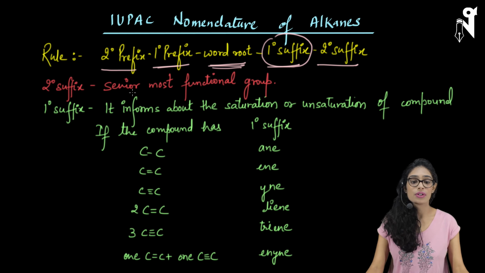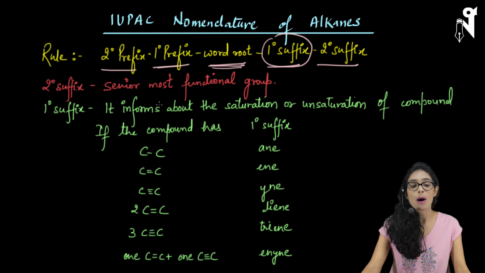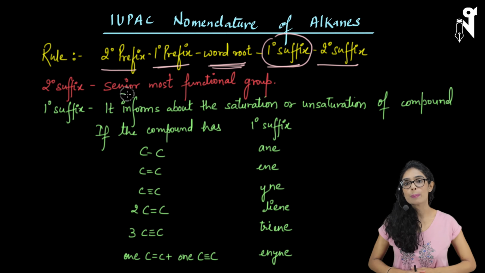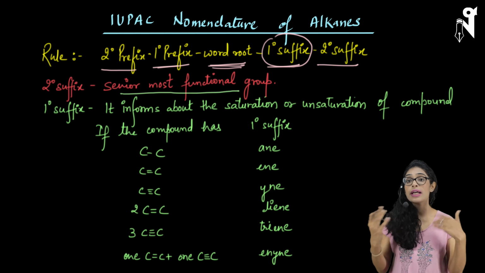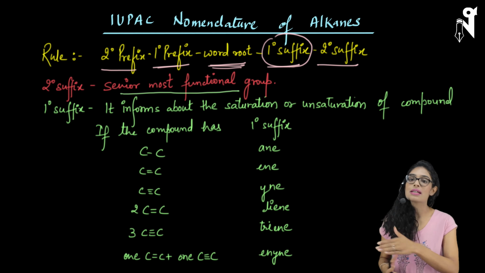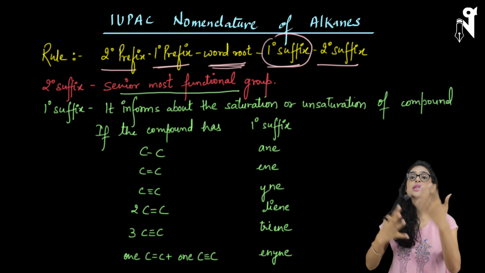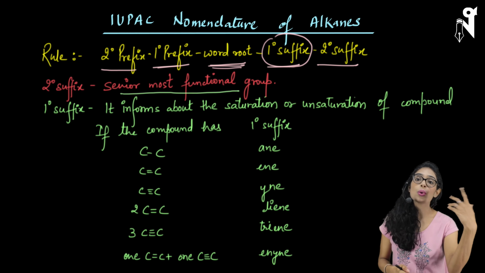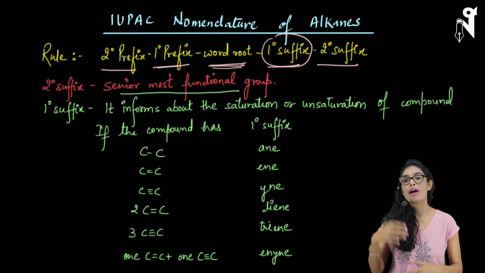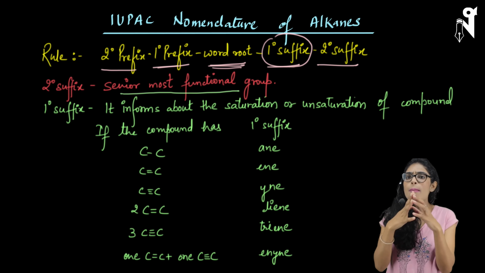First of all, let's start with the secondary suffix. Secondary suffix is something which tells you about the senior most functional group. What exactly does senior most functional group mean? Functional groups are made up of elements other than carbon and hydrogen, or sometimes carbon, hydrogen plus some other element. If you have a normal carbon chain and there are multiple groups attached, like chlorine, NO2, amines, alcohol, aldehyde, carboxylic acid, there are multiple functional groups.